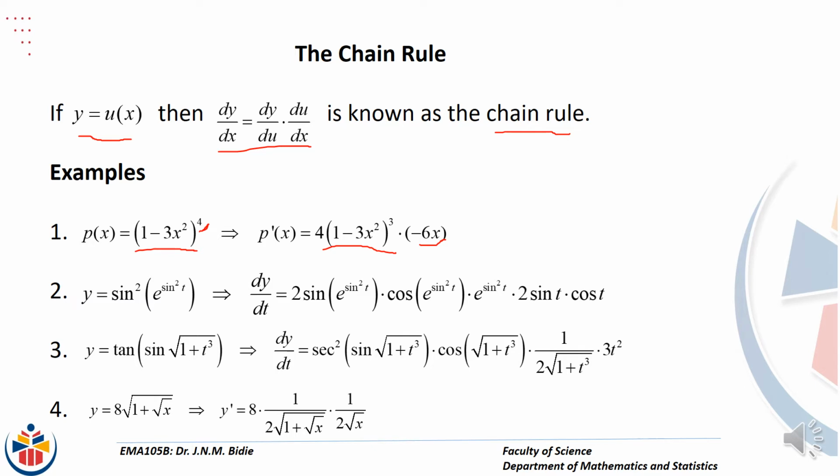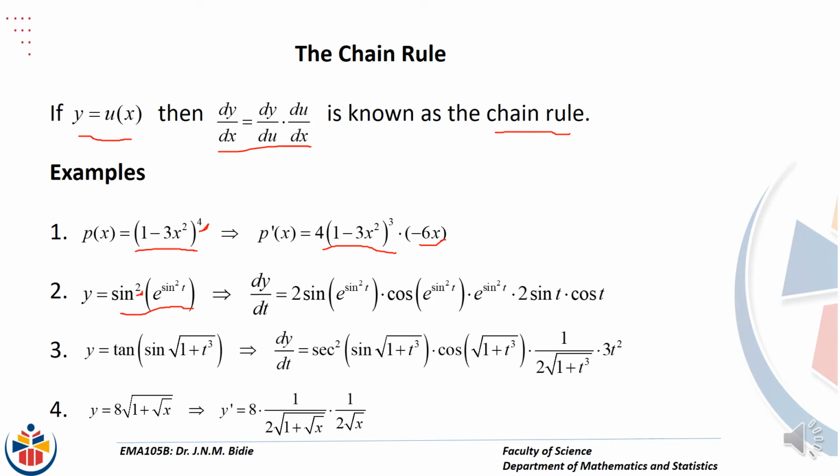Now let's go to number 2. Now we have a trig function with an exponential function as its argument. So let's start with what is the outer function. The outer function is the square, which is the power.